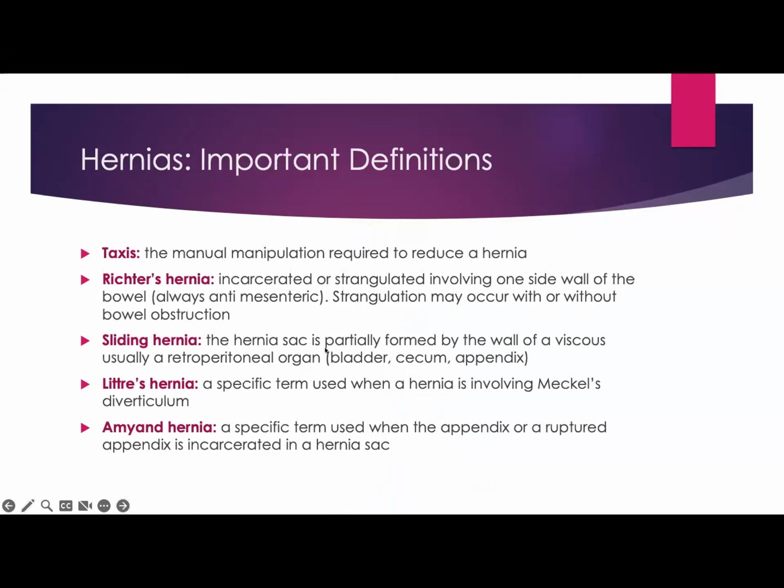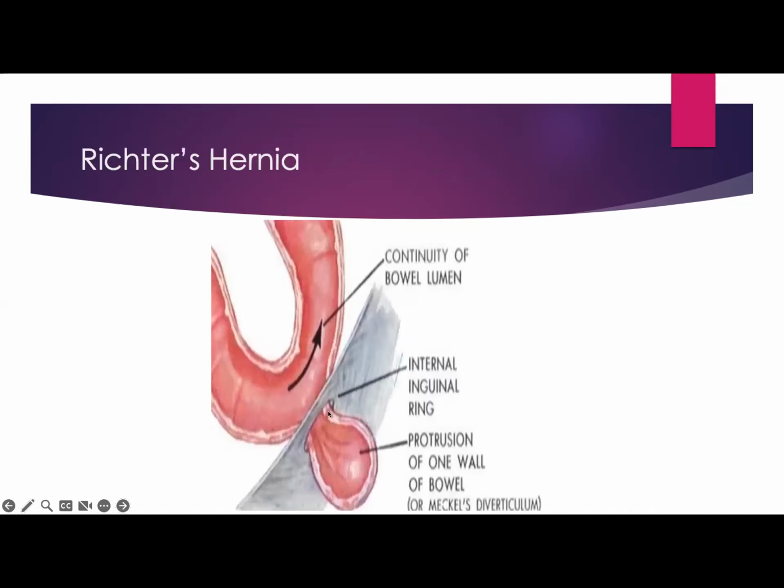The sliding hernia has a hernial sac which is partially formed by the wall of the intestines. Yes, it looks like knuckles. See over here, it says it's either Richter's hernia or Meckel's diverticulum.